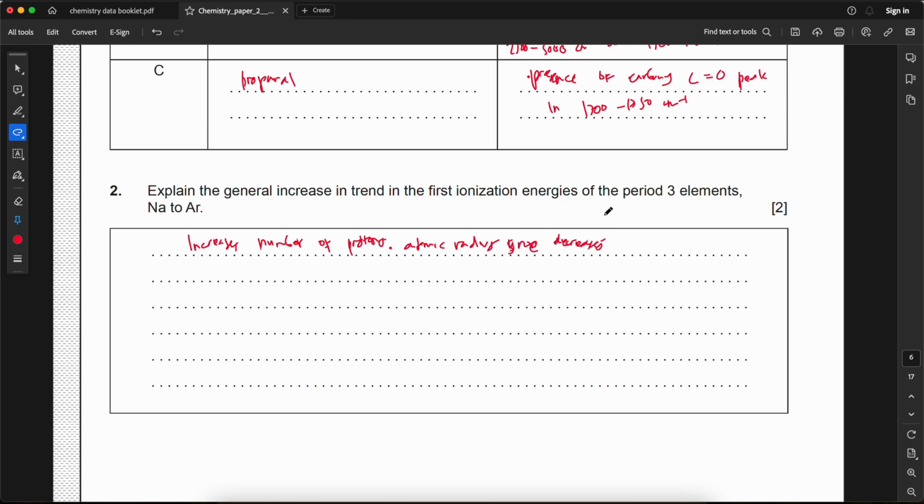As you go across the period, the number of protons in the nucleus increases, because the atomic number increases, right? So increasing the attraction between the nucleus and valence electrons. The number of electrons also increases, but as these electrons are in the same shell, because it's the same period, the valence electrons do not increase shielding. As a result, the first ionization energy increases.